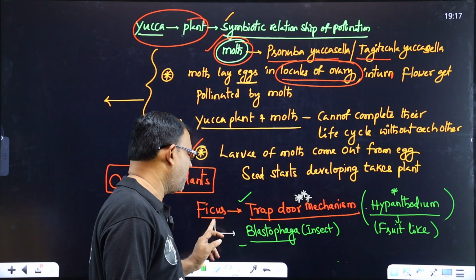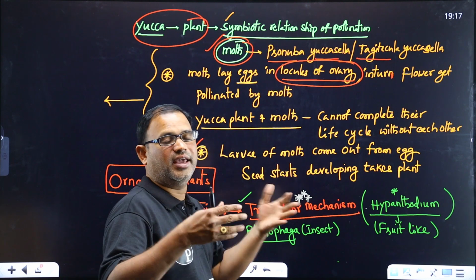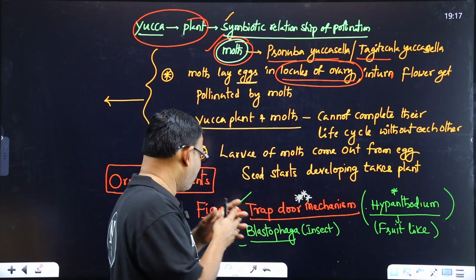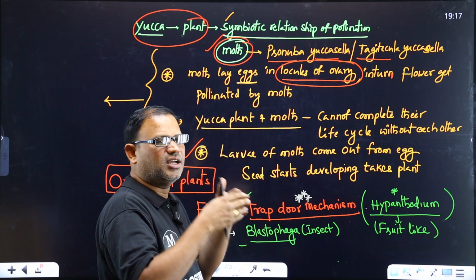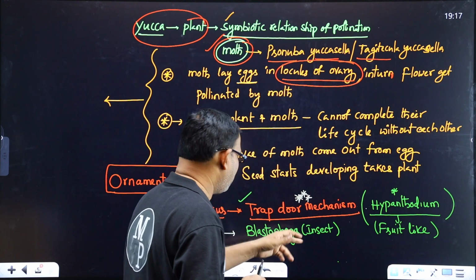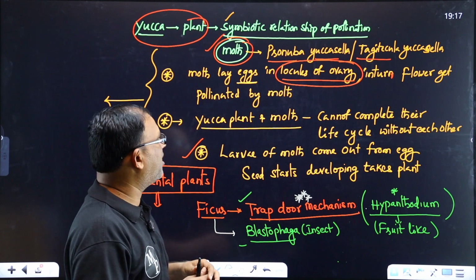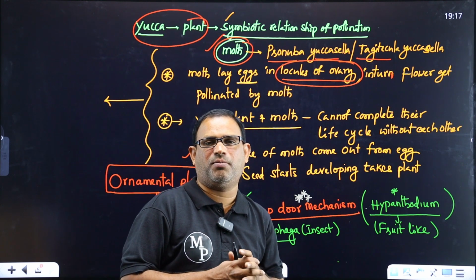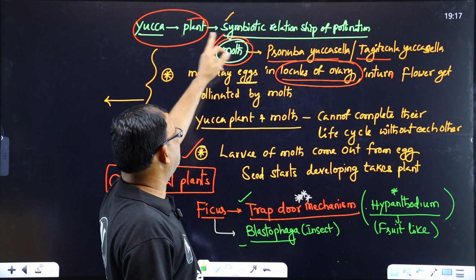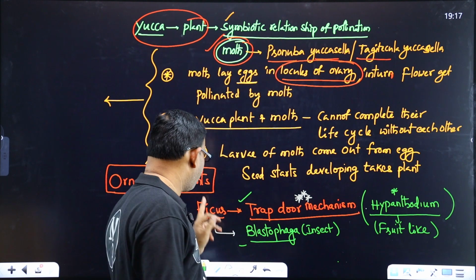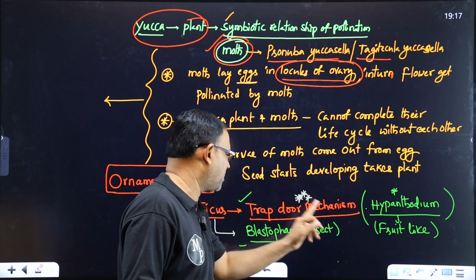When it lays eggs, the Ficus flowers in turn get pollinated with the help of Blastophaga. It is also similar to a symbiotic relationship of pollination. This entire information is in NCERT, so it is also important. Just note down: Ficus shows the trapdoor mechanism.